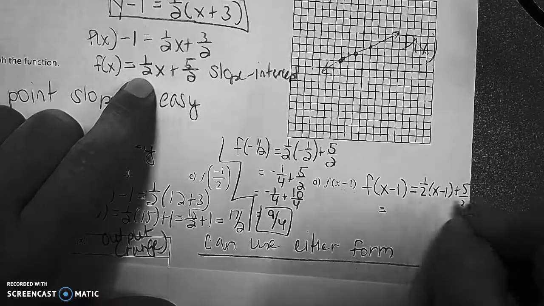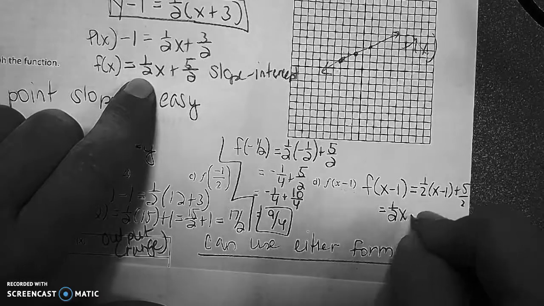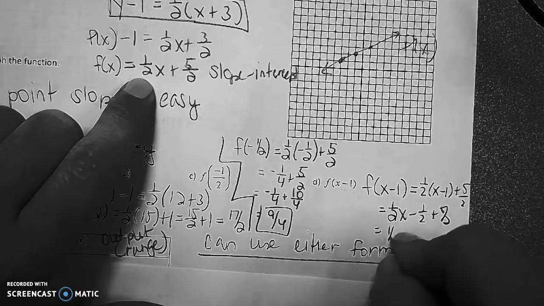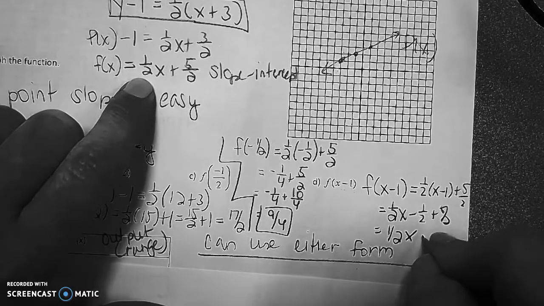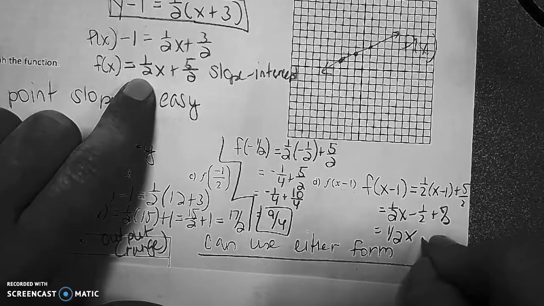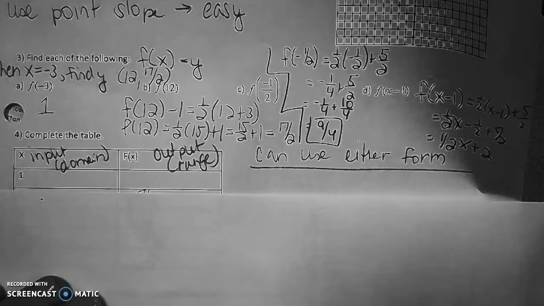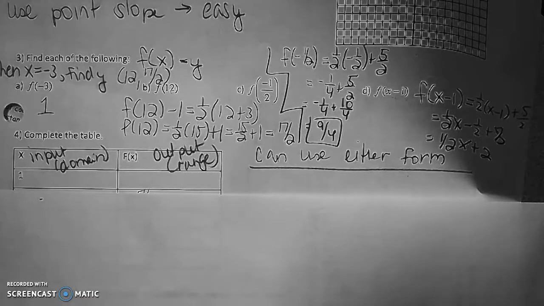And I'm just going to simplify this. So 1/2 x minus 1/2 plus 5 over 2 will give me 1/2 x plus 4 over 2, so plus 2.